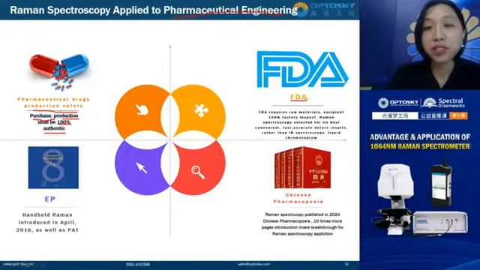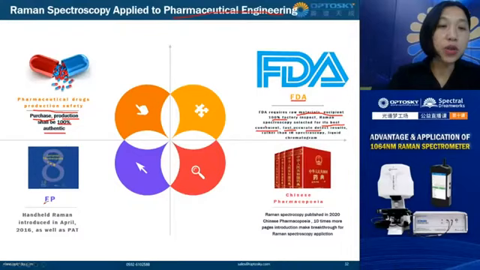Not to mention the FDA, it also needs 100% factory inspection of raw material and excipients. And Raman spectroscopy is selected as the best, convenient, fast, accurate detection instrument.